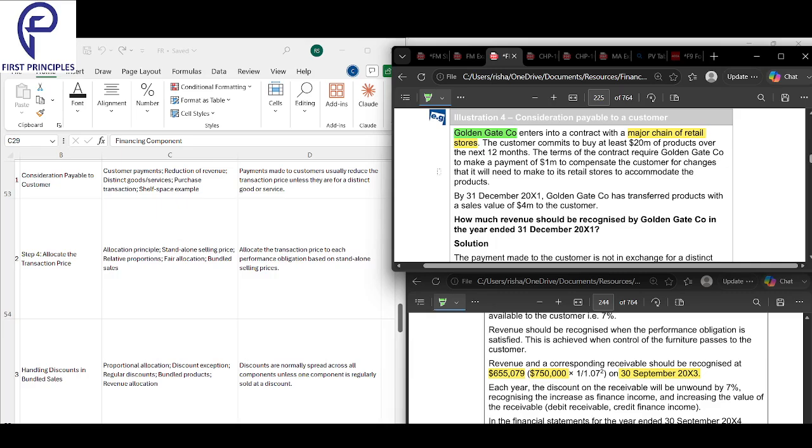Second is a major chain of retail stores. So Golden Gate Co. is the first party. Major chain of retail stores is the second party. There are two parties here.